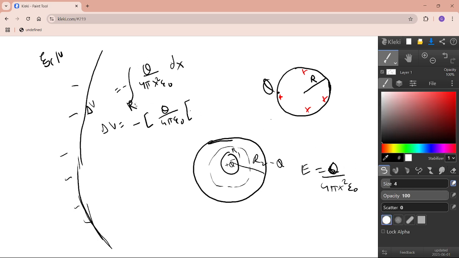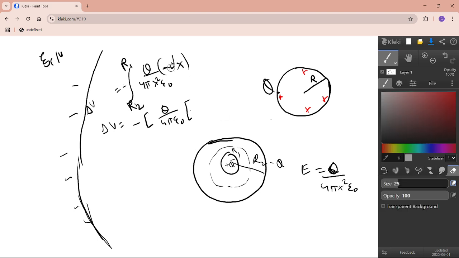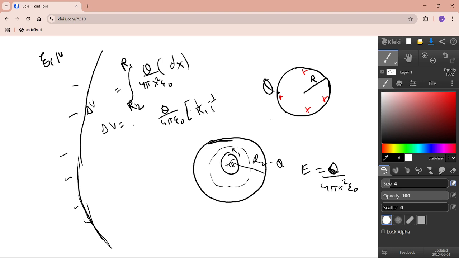And of course, since R is decreasing, you have to have a minus sign, and this minus gets cut. It finally becomes Q upon 4 pi epsilon naught, 1 by R1 minus 1 by R2, which is R2 minus R1.